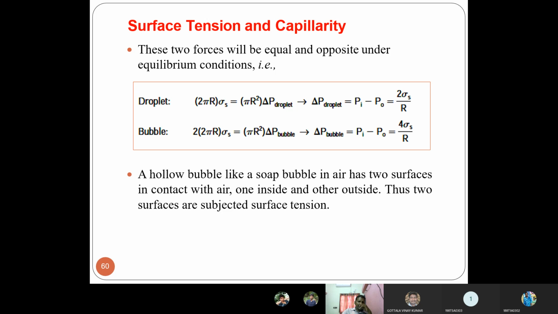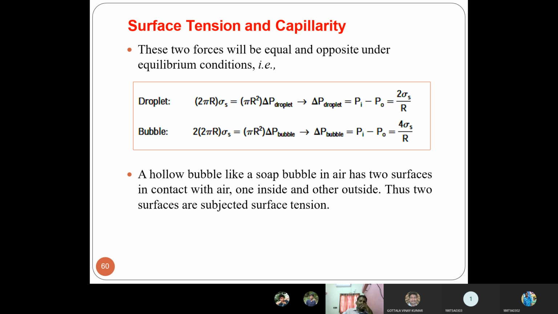A hollow bubble like a soap bubble in air has two surfaces in contact with air, one inside and the other outside. By soap water we can form the soap bubble, which will fly in air.